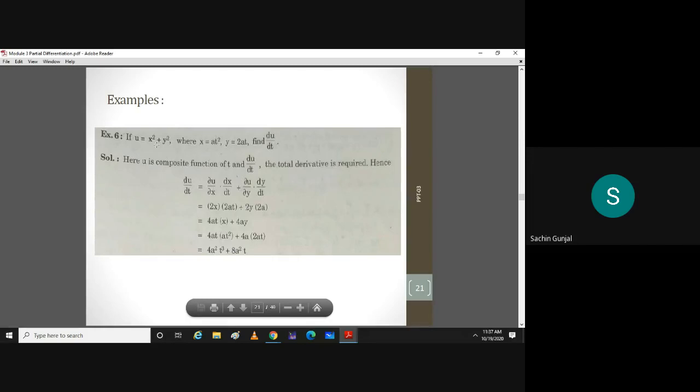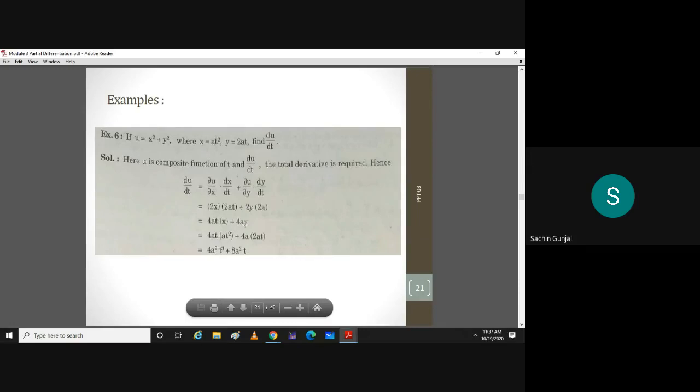So ∂u/∂x is 2x, dx/dt is 2at, plus ∂u/∂y is 2y and dy/dt is 2a. So this will be 4at into x plus 4ay.